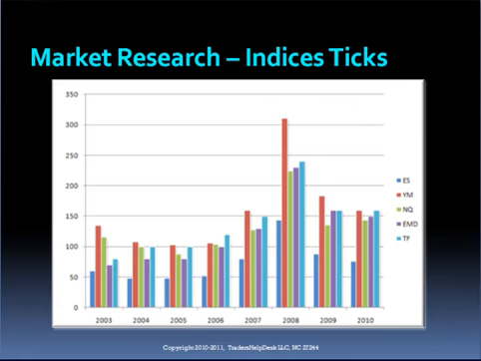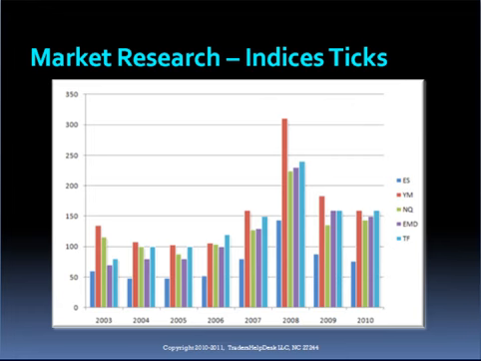Now, the Dow actually has the highest movement, followed by the Russell, the EMD, and the Nasdaq. And again, the mini S&P 500, of course, is the lowest. Highest in volume, but lowest in movement.